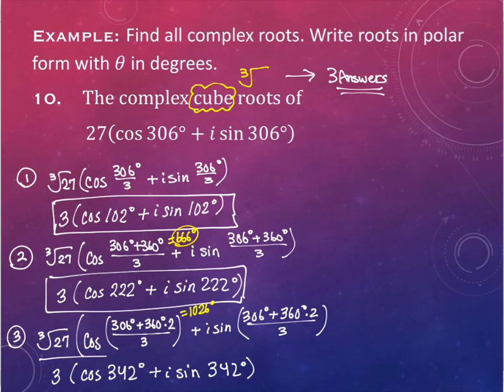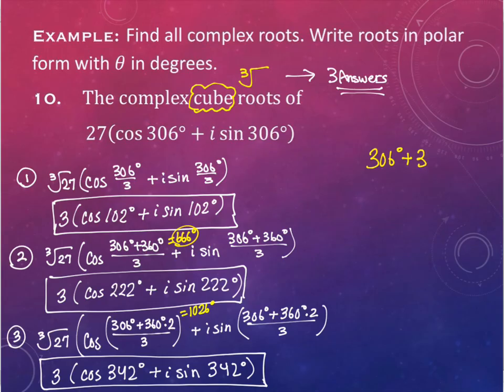Now notice every angle that we got in our answers is between 0 and 360, right? That's not by accident. So I want us to try one more thing. I'd like for you to see what happens if you got carried away and you did it a 4th time. If you take 306 plus 360 times 3, what do you get? 1,386. Okay, a little bit louder for me, Jamie. 1,386.